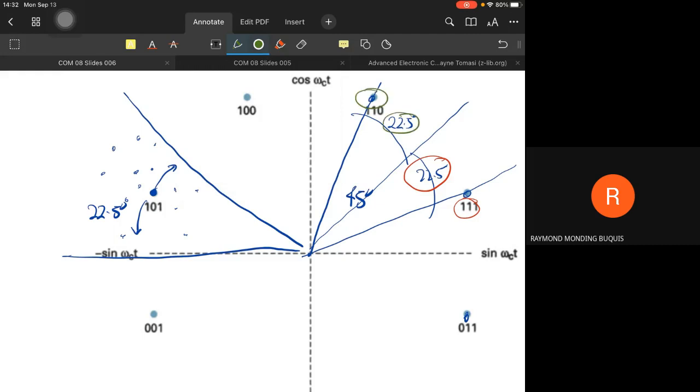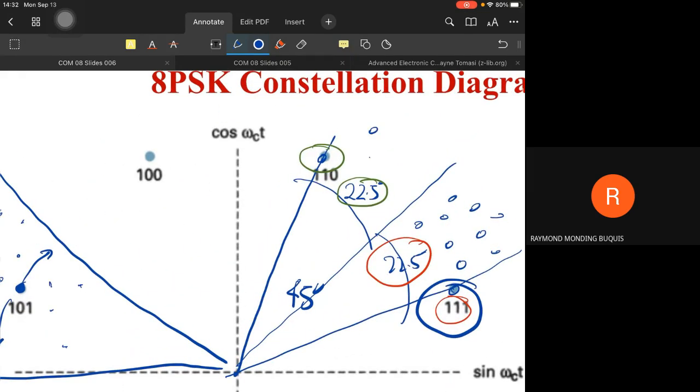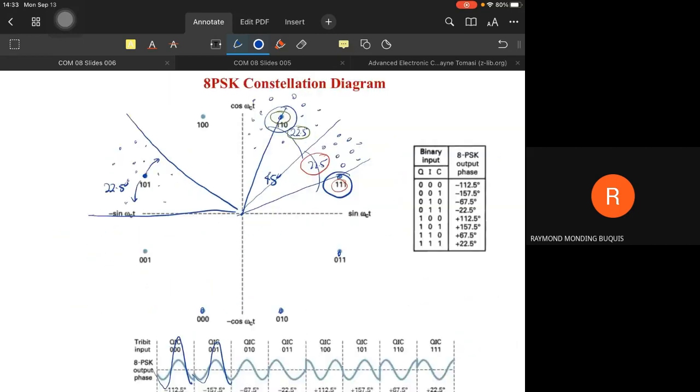So any symbol that falls anywhere in this range, the receiver will consider as 111. The same goes here. Any value that falls near 110, within the range of 110, the receiver will read as 110. So this is where the 22.5 comes from.